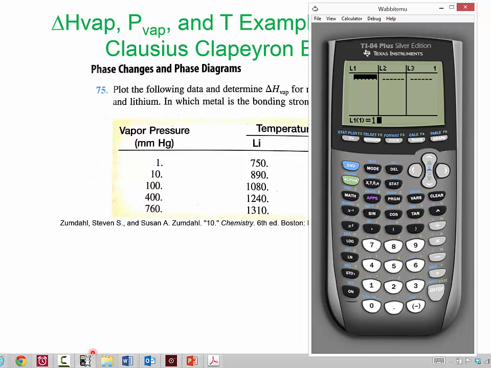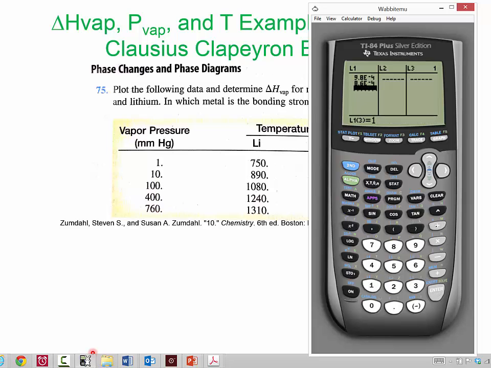So we're going to type in 1 divided by 273, and remember to change it to Kelvin, 273 plus 750. Hit equals. Okay, I'm going to do this for each one of the temperatures. So 890 plus 273.